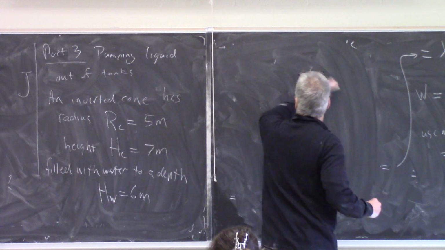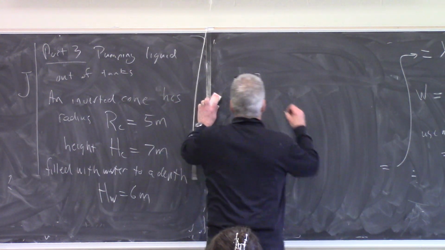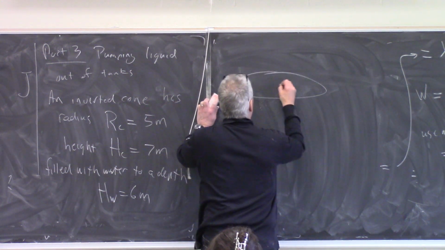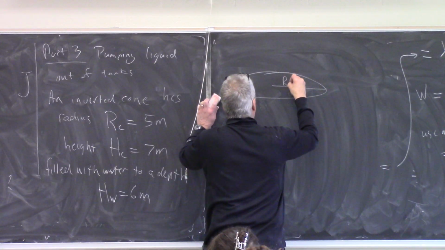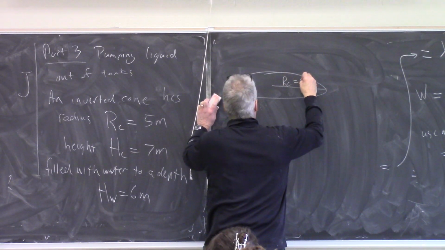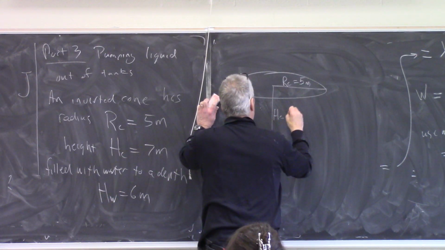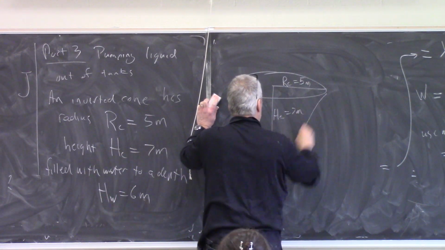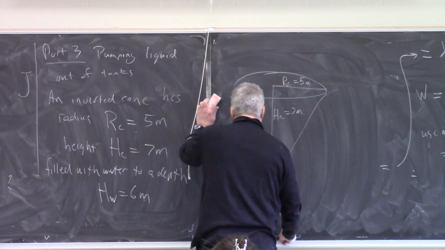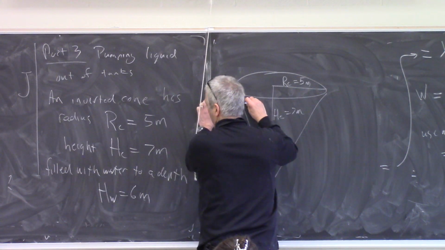So here's the picture. The radius of the cone is 5 meters. The height of the cone is 7 meters. And I've got water not quite to the top.